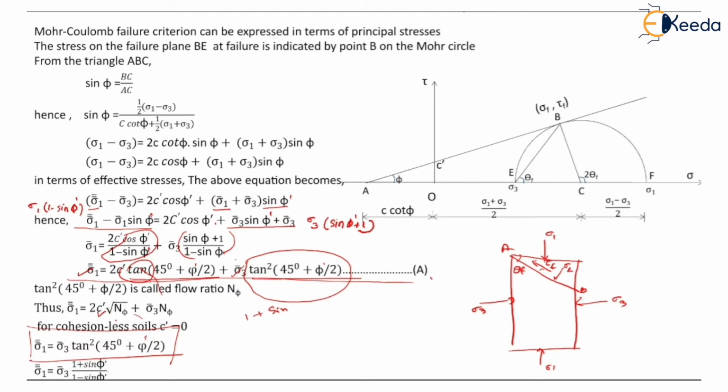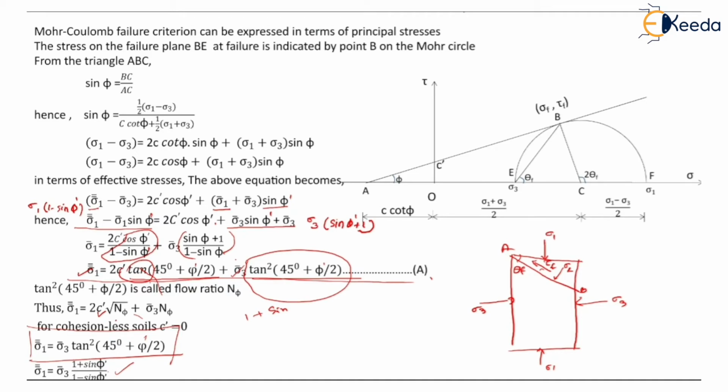So the equation for sigma 1 bar will be sigma 1 bar equal to sigma 3 bar into 1 plus sin phi dash divided by 1 minus sin phi dash. This equation or this failure criteria is extensively used for the determination of earth pressure on retaining wall and many other applications.